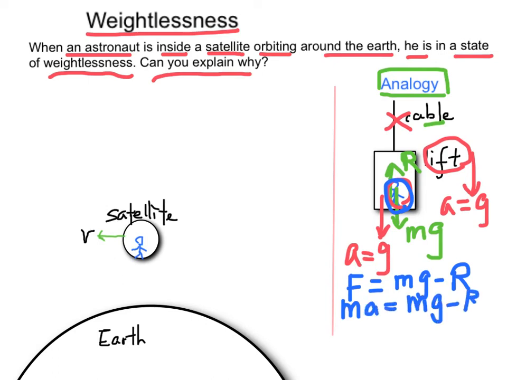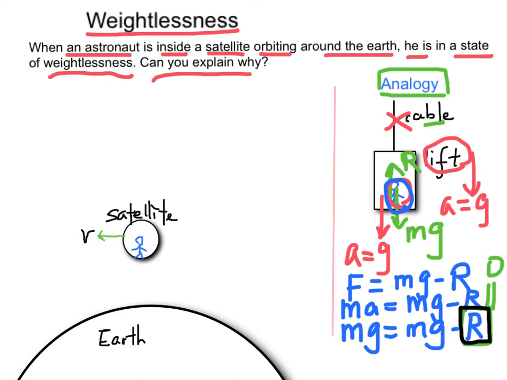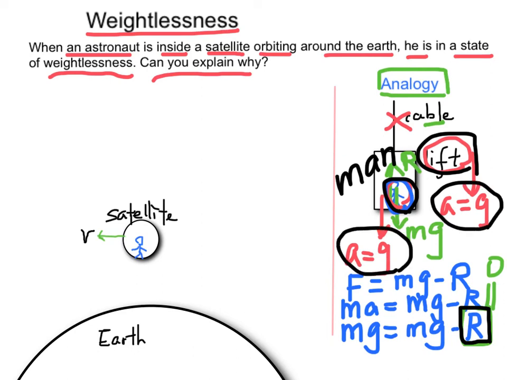Since a is equal to g, we get the reaction force acting on the man, R, becomes 0. Therefore, we say he is in a state of weightlessness. Simply speaking, the man is in a state of weightlessness, that is R equal to 0, when both the man and the supporting surface, the lift, are moving with the same acceleration, which is equal to the acceleration due to gravity.